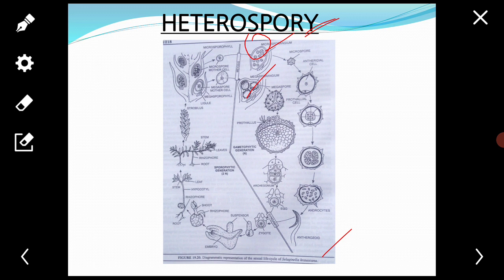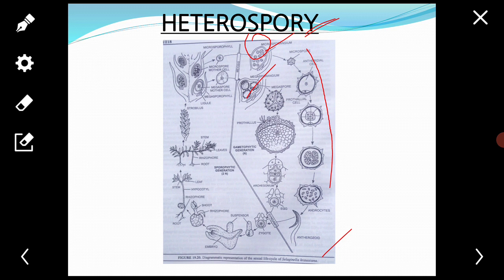The microspores and megaspores not only differ in size but also differ in their function. Each microspore germinates in situ and produces a male gametophyte. The vegetative part of the male gametophyte is represented only by a single prothallial cell.